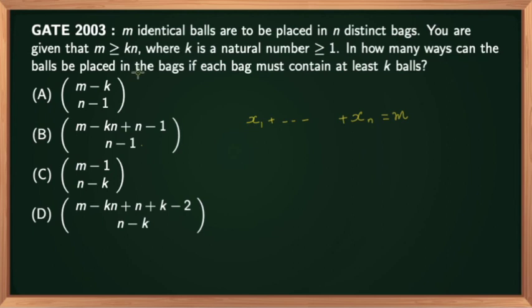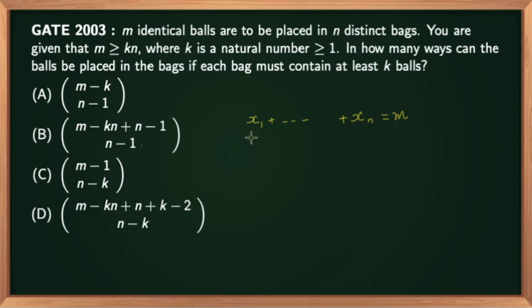That is given to indicate that even if you put k balls in each box, m is greater than that number. That is why they have given that condition. Now the next condition they have given is that in each bag there must be at least k balls.